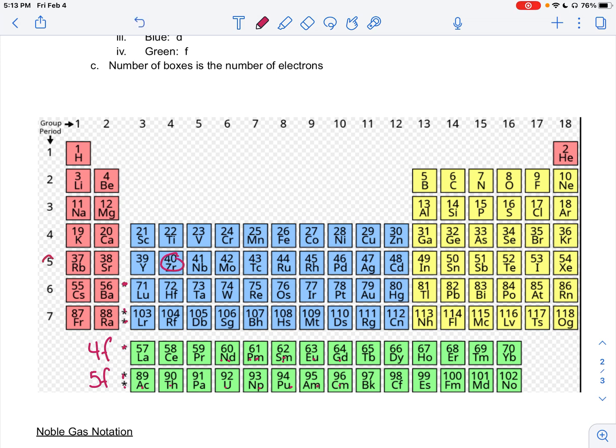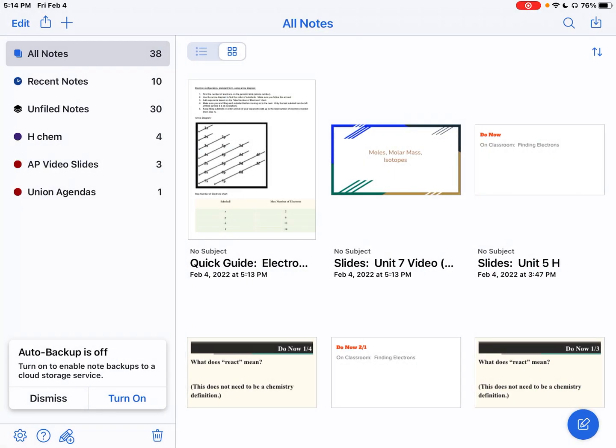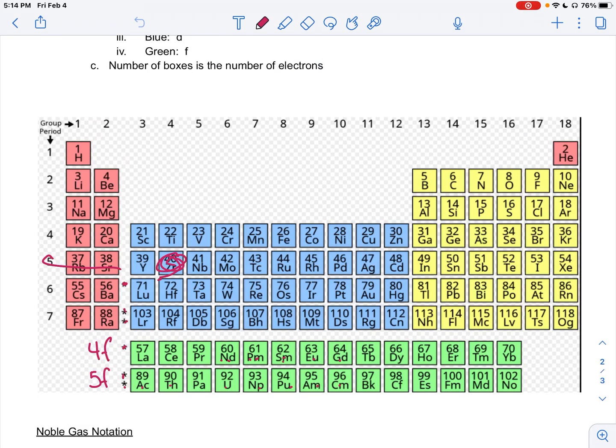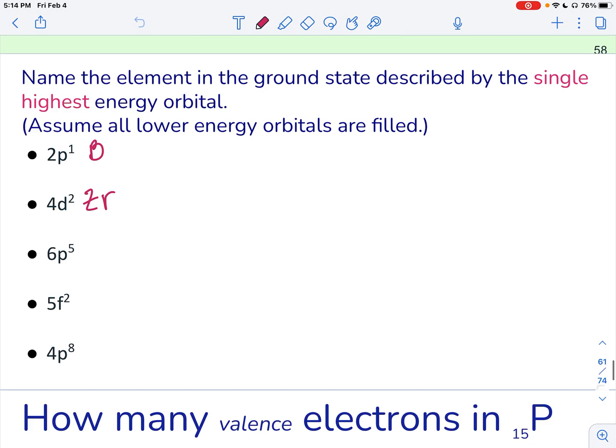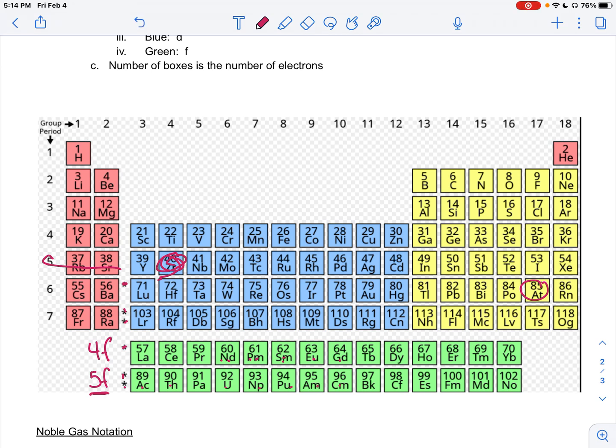Yeah, so we would go into the 5th period, 2 boxes over, Zr. 6p5, 6th period p block 5, astatine. 5f2. So 5f and 2 boxes over is Th.